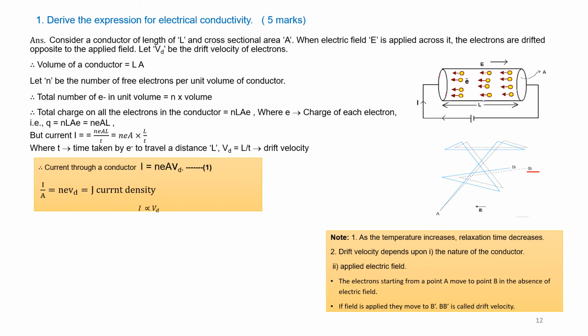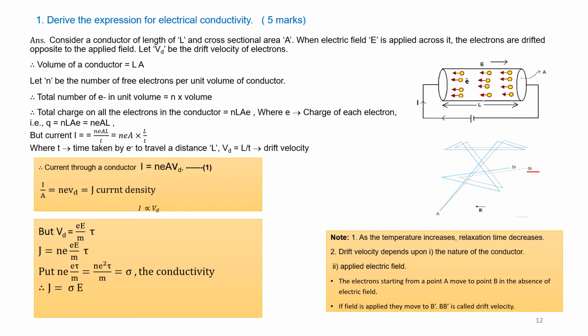The electrons starting from point A move to point B in the absence of electric field. If the field E is applied, then it moves to B dash, as I have underlined here. So BB dash is the drift velocity. This is the explanation for drift velocity.